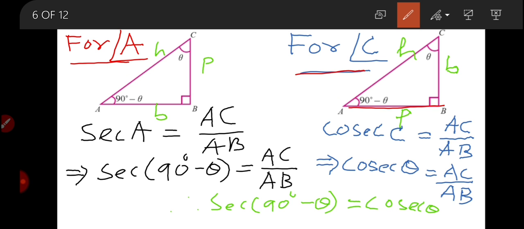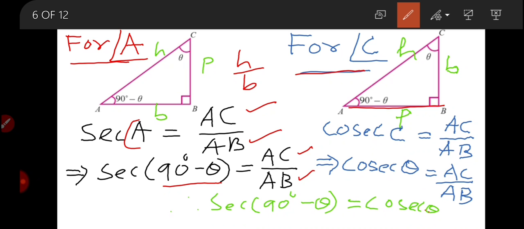Sec A, you know, is hypotenuse by base. So sec A is equal to the hypotenuse AC by the base AB. So AC by AB, and angle A is 90 degrees minus theta. So sec of 90 degrees minus theta is equal to AC by AB.